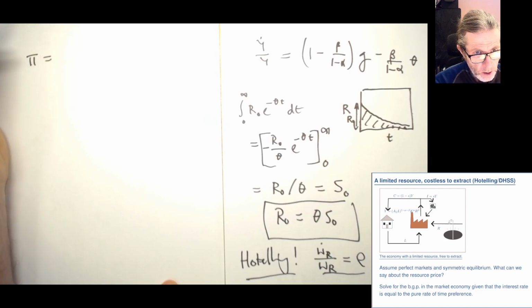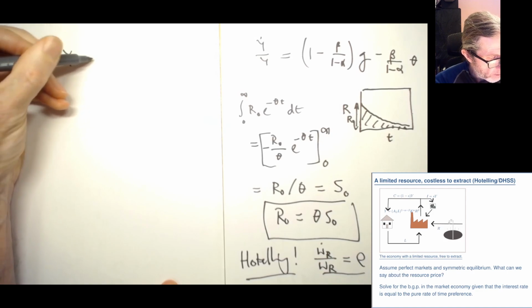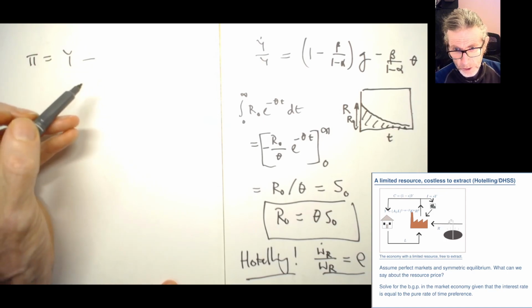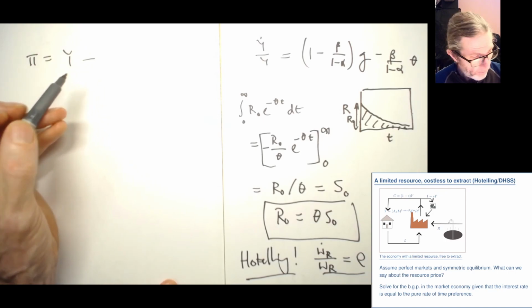It's PY times Y, but PY is normalized to 1. So it's Y. I should really write out the expression for Y, but I'm not going to.